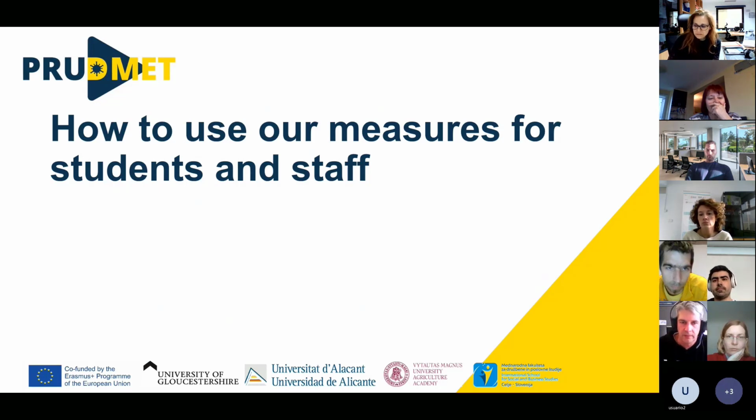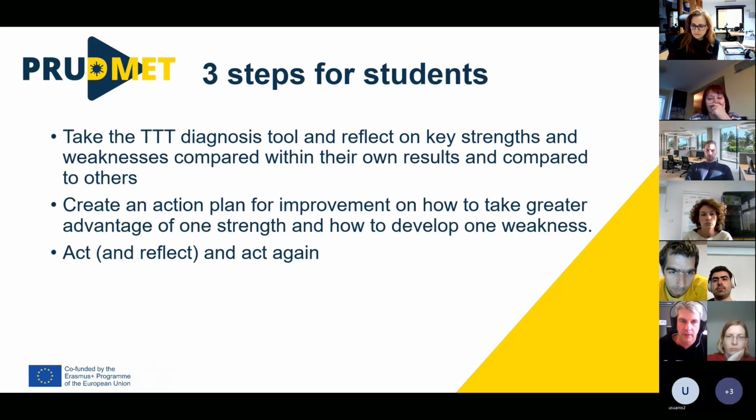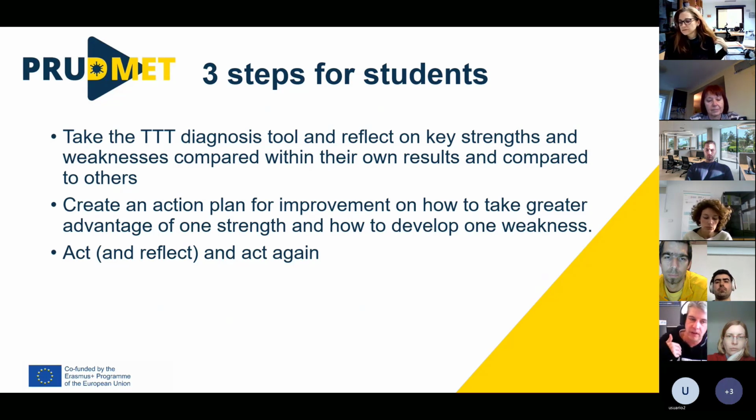Okay. So we've got a section here on using the TTT diagnosis tool, and whilst we wouldn't necessarily want everybody to use it on every module, we may have people who want to use it within their courses, for example, and maybe at the beginning of a first year of a course, we ask people to engage with the Training Through Technology tool to try and understand some of their strengths, and then action plan for improvement and act again.